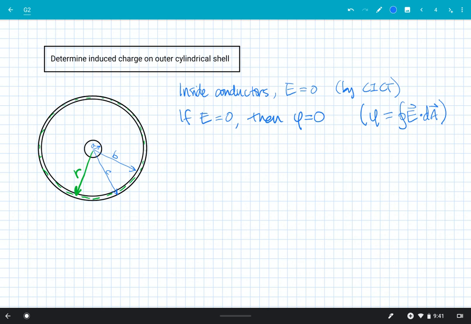So we have now that flux is 0, and if flux is 0, then my enclosed charge is 0. And that's by Gauss's law. Gauss's law tells us epsilon naught times flux equals the enclosed charge. So if I know flux is 0, epsilon naught's a constant, right? So then Q enclosed has to be 0.